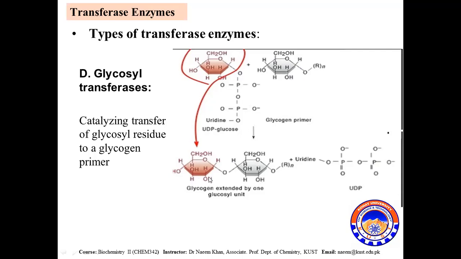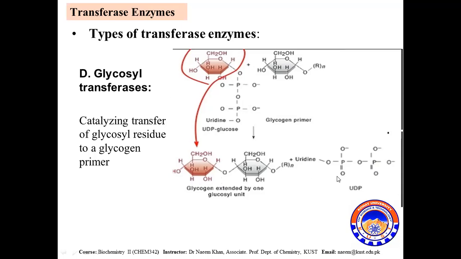Now in the product we can see that the glycogen length is extended by one glycosyl unit. This was the glycogen primer, and the glycosyl component is transferred by the glycosyltransferase enzyme, so now the glucose unit is linked to the growing end of the glycogen. Now we have a primer whose length is increased by 1 unit, and we get uridine diphosphate, as the glucose unit is released.